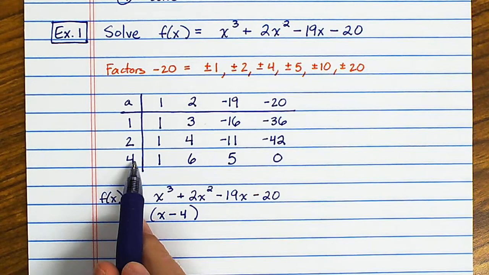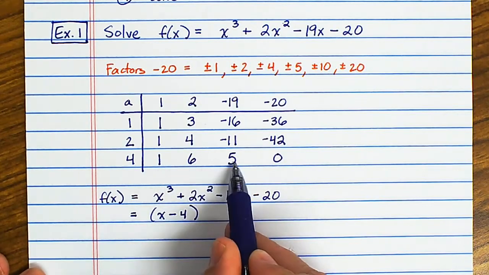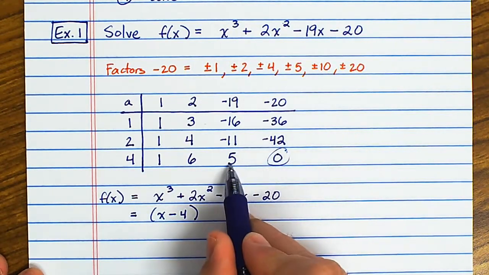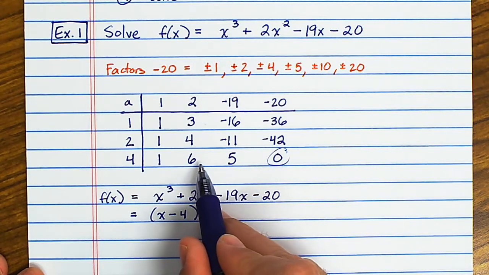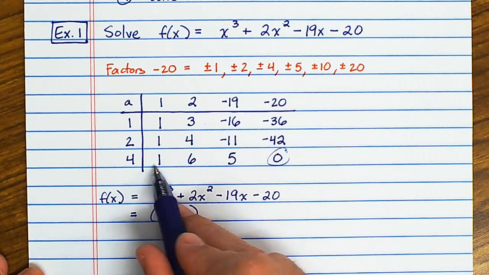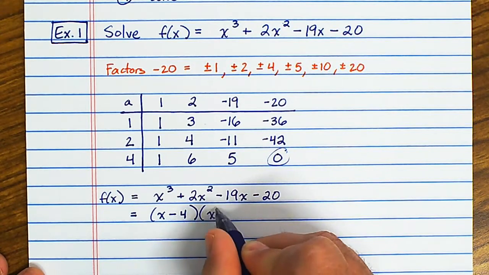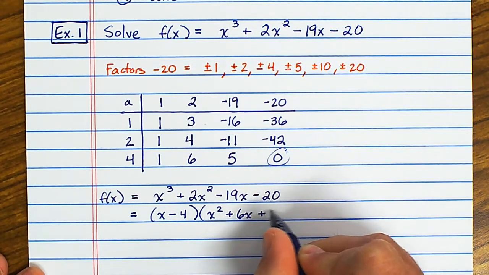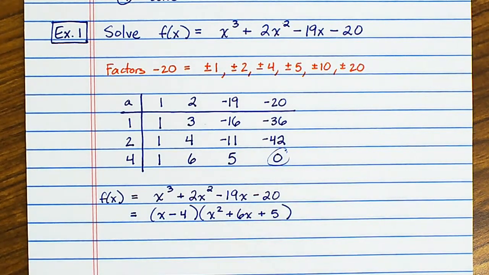That's from this one, the one that worked. x minus 4. And then the remaining part, here's my remainder of 0. So this is my constant. This is my x. This is my x squared. So I have x squared plus 6x plus 5.